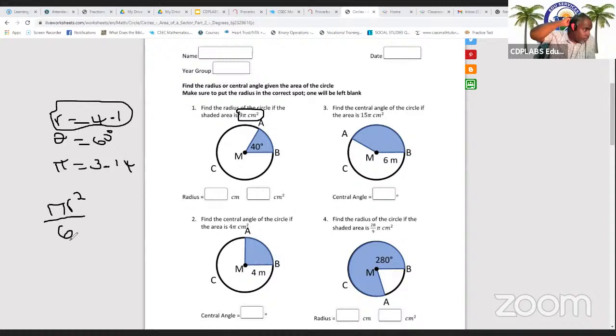Now you might be asking, how on earth did sir get that 60? To find the area of one of the sectors, pi is 3.14, and take your time, no rush, radius is 4.1. So I'll square this and divide it by 6.